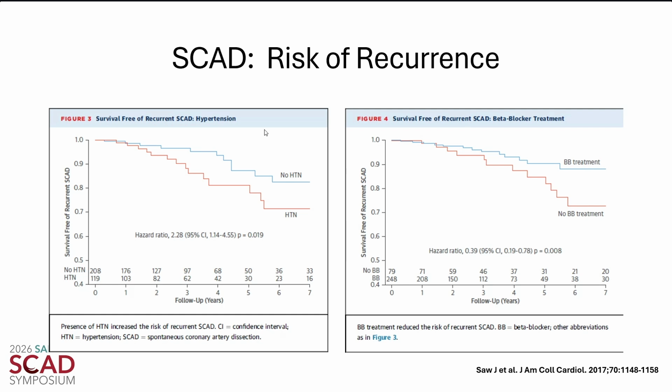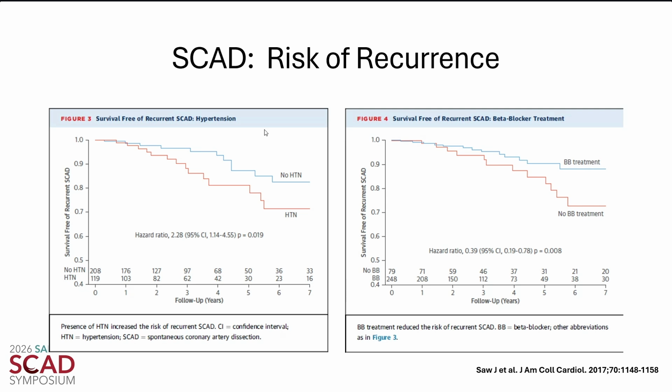What they've shown here is survival free. So I should say survival free is better when the blood pressure is controlled, again, with a hazard ratio of 2.28. So the advice that we should be giving our patients based upon this study is control the blood pressure.